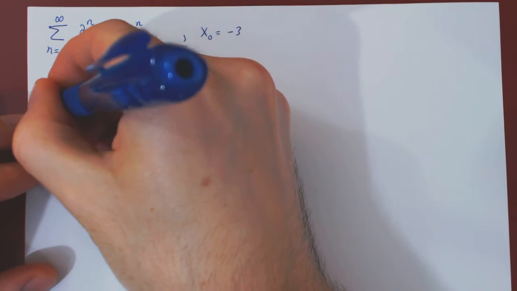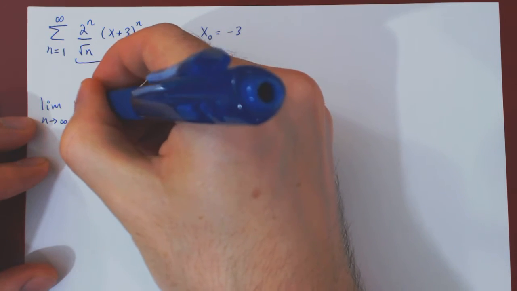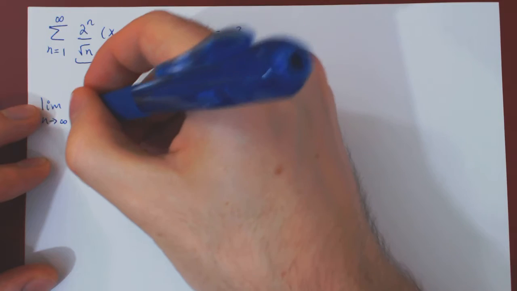So, applying the ratio test, we look at the limit as n tends to infinity, the absolute value of an plus 1 over an.